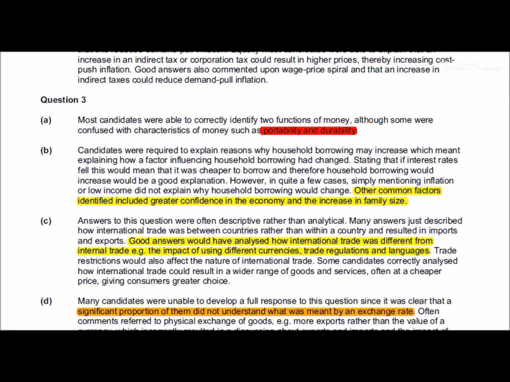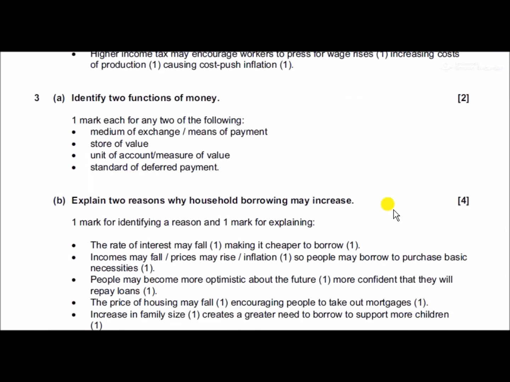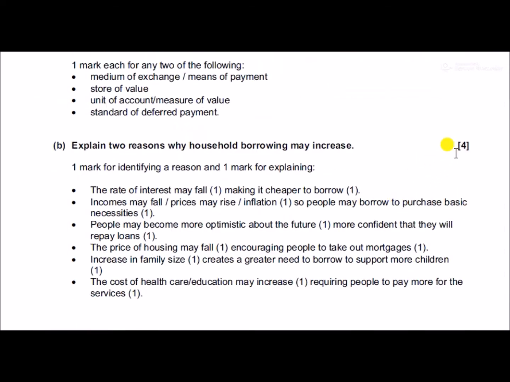Okay, question B. Two reasons why household borrowing may increase. Now, household borrowing is something many students may struggle with. I would make two points well explained. The rate of interest may fall, making it cheaper to borrow.